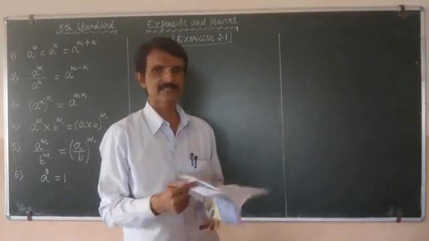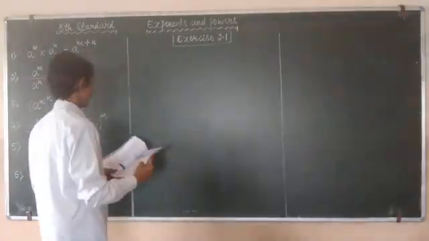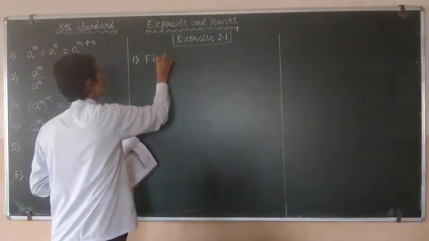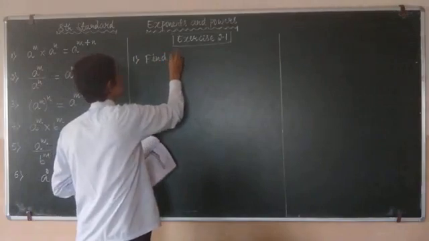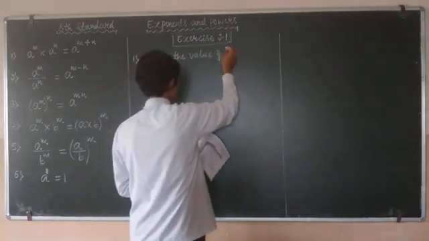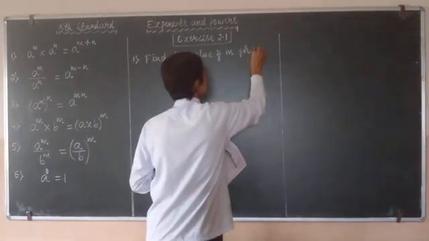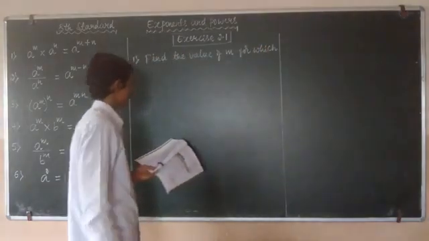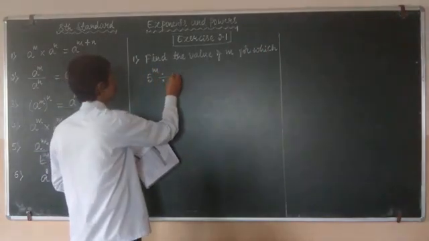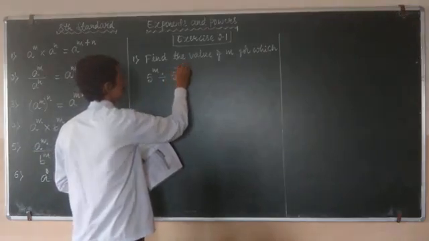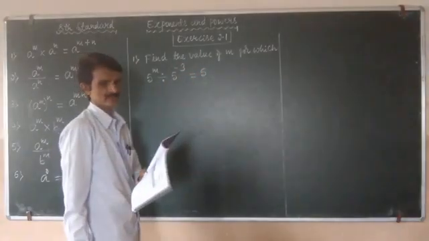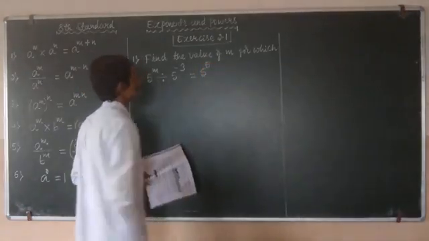The next problem is: find the value of m for which the expression is equal to 5 to the power of 5.